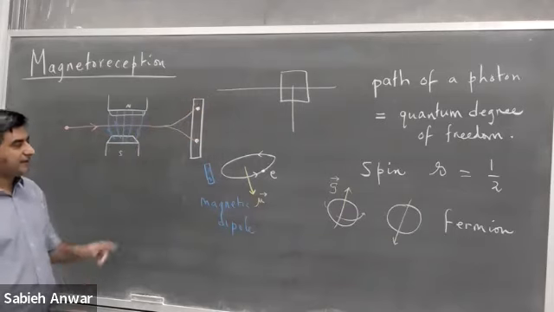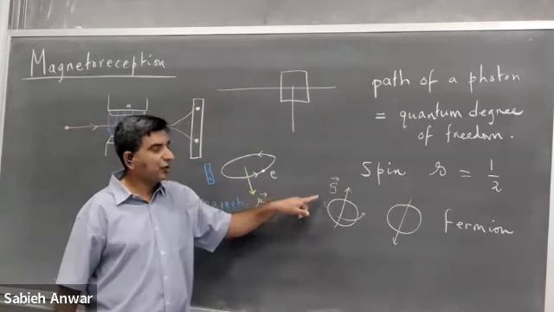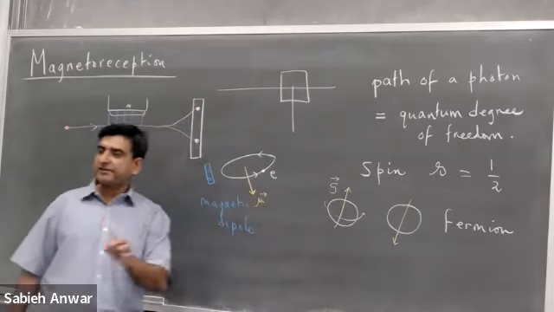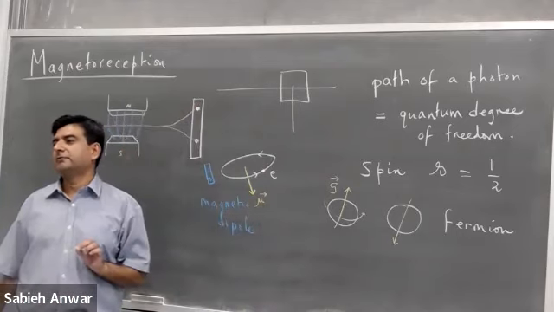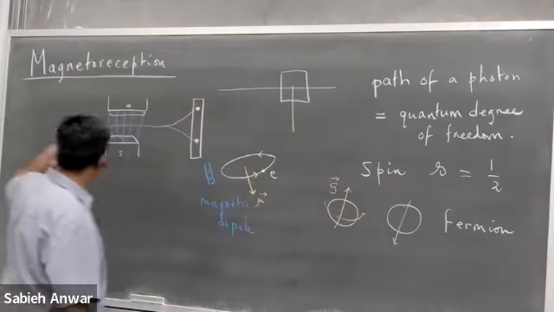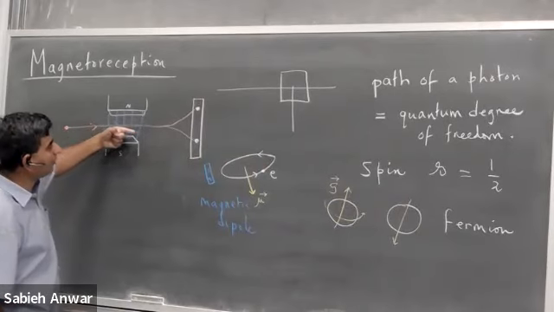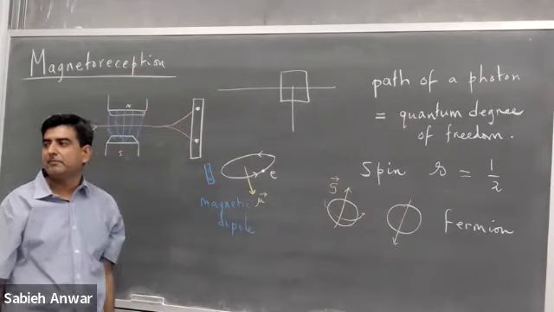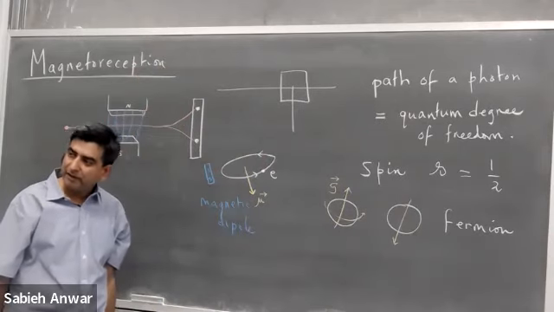So the idea is that the electron has a spin angular momentum. Any object that has a spin acts like a tiny magnet. And how do you know that the spin is 1/2? Because if you were to pass these electrons through an inhomogeneous magnetic field, it will split up into two beams. Right?